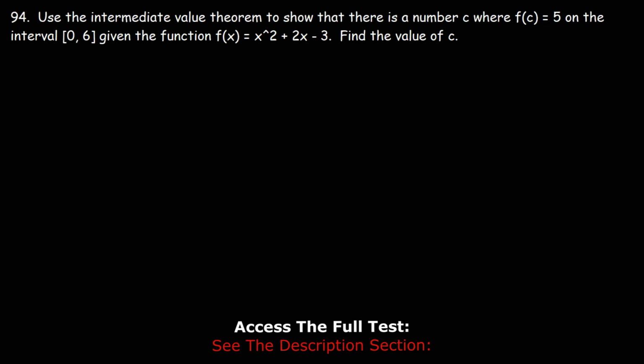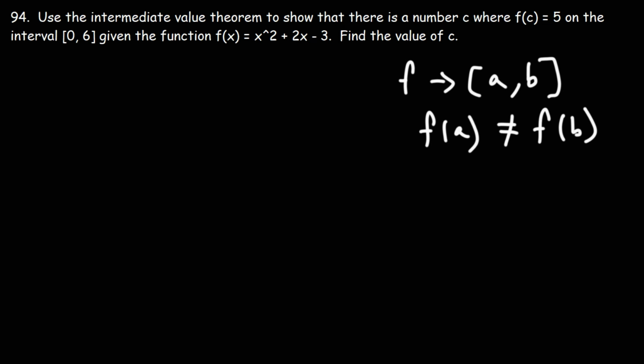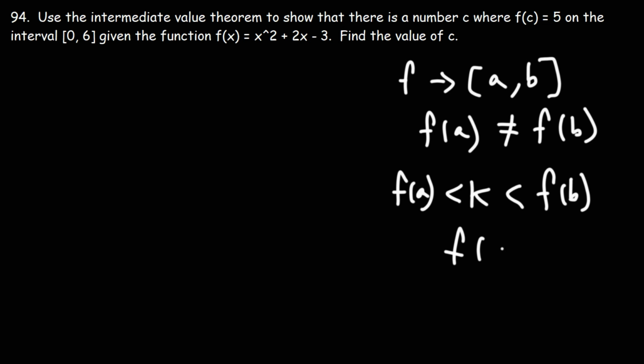So here's the basic idea behind IVT, the intermediate value theorem. If f is continuous on the closed interval a b, and if f of a does not equal f of b, then there's going to be some number k that is between f of a and f of b, where f of c is going to equal k, and c is going to be between a and b.